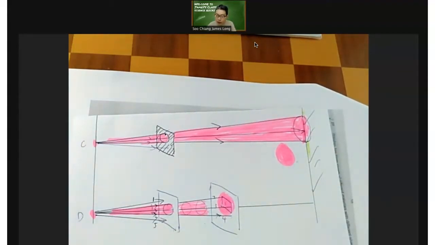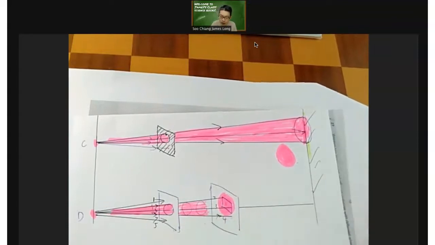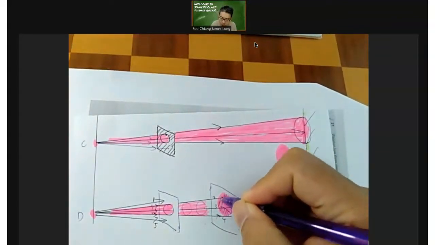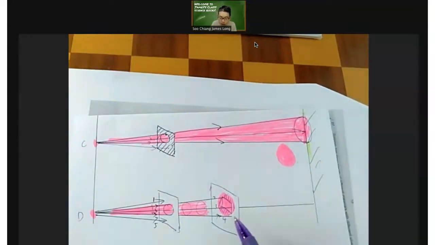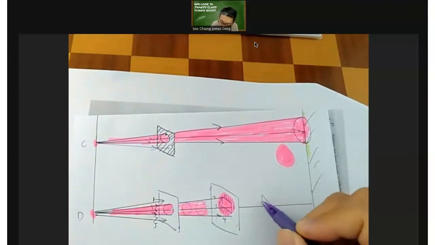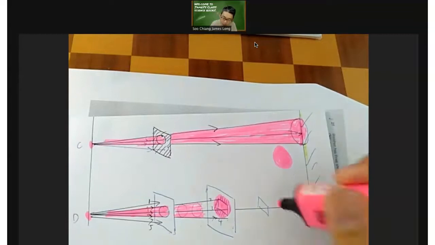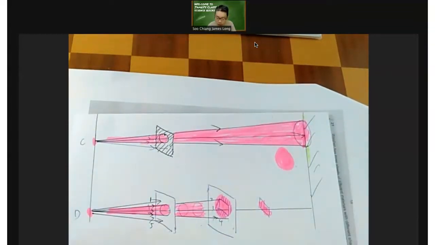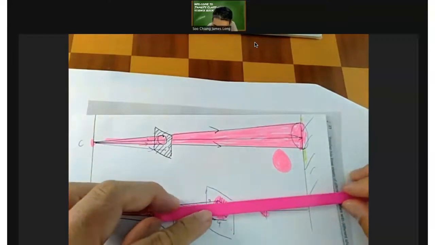So what will be the shape of the light that goes through? All this part above will be blocked by this object. Only the square part here will go through. Therefore, you will actually get a square shaped light that passes through. Get it? You get a square shaped light that passes through.